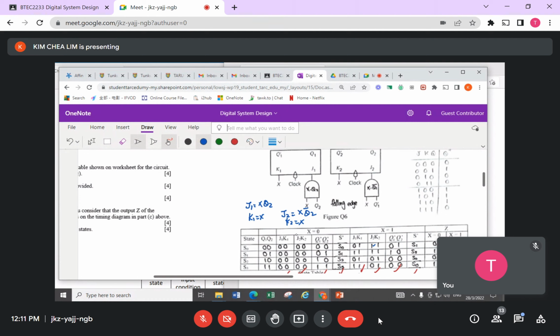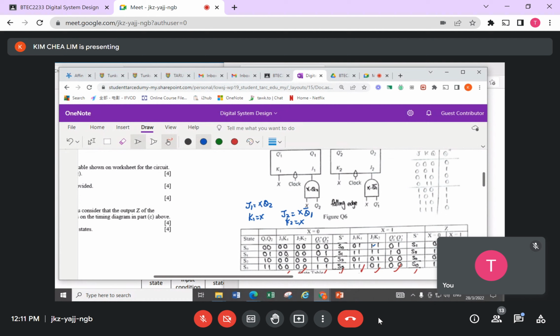Q1 bar or Q2 bar? It's Q1 bar. Sorry, I see the wrong one. It's a Q1 bar. No wonder I checked how come my answer is not correct. So Q1 bar: 0, 0, then change to become 1, 1. So 1, 1 change to become 0. All right, so we got this one already.